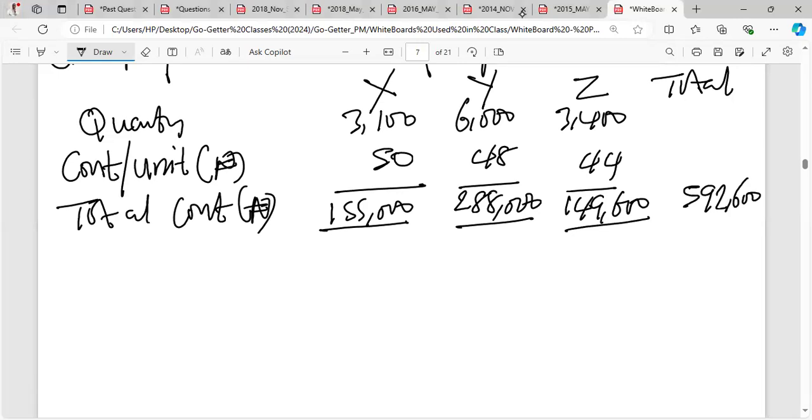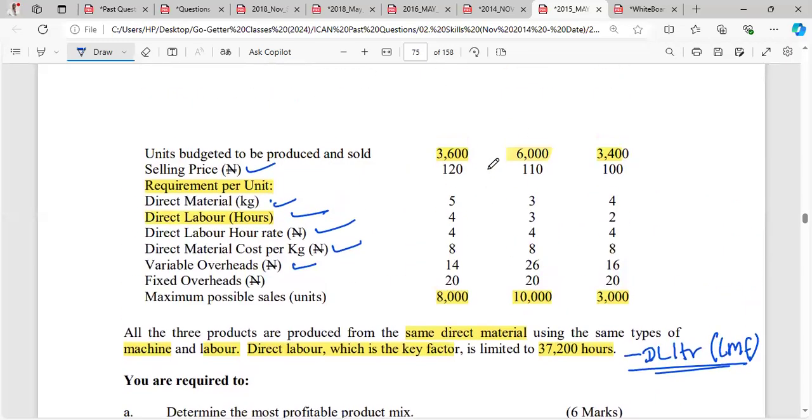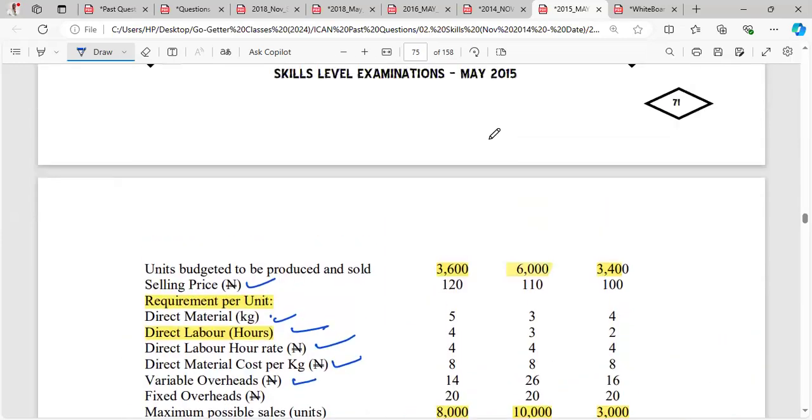Are we given fixed costs? Let's see. We are not given fixed costs. We are told that fixed cost is 20 naira per unit.